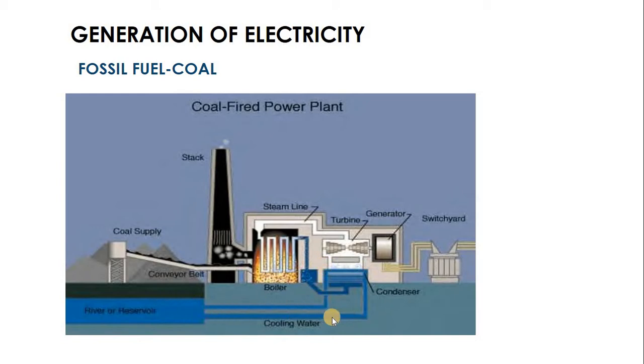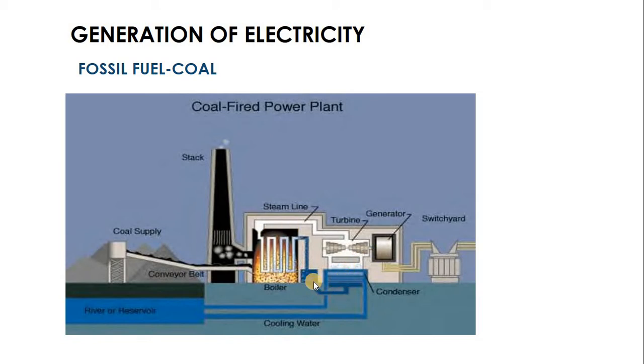When the cool water is pumped here, it creates a very cool environment in the condenser. So when the steam, after driving the turbine, gets here, it loses its heat energy and is converted back to water, and the water is pumped again into the boiler, where it is converted to steam. The steam drives the steam turbine to generate power, and the steam is condensed again.